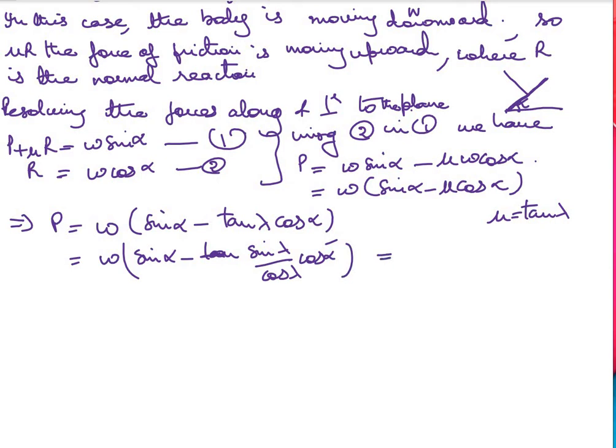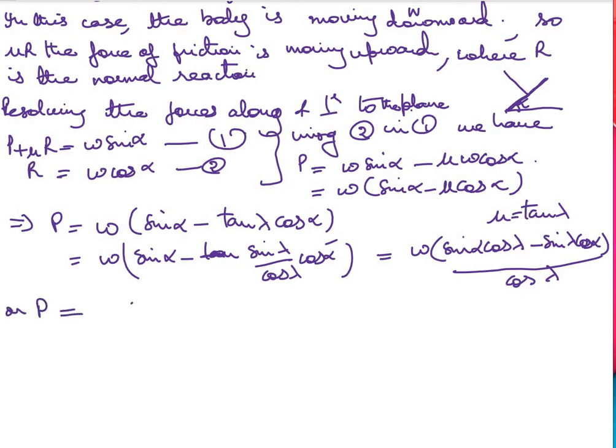So by taking the LCM here, you will have W into sine alpha cos lambda minus sine lambda cos alpha, divided by cos lambda. Or you can write here, P here will be equal to W, the numerator will be of the form sine A minus B. That is sine A minus B gives you sine A cos B minus sine B cos A. So here treat this A as alpha and lambda as B. So you have sine of alpha minus lambda divided by cos lambda.